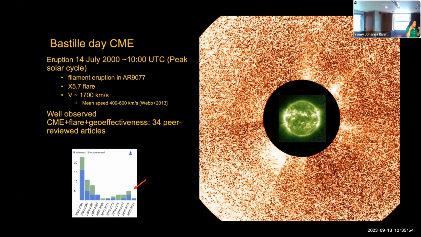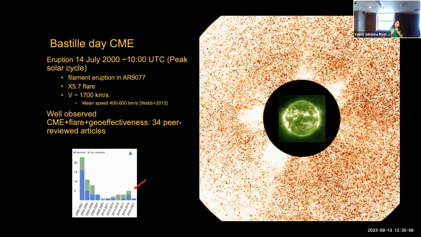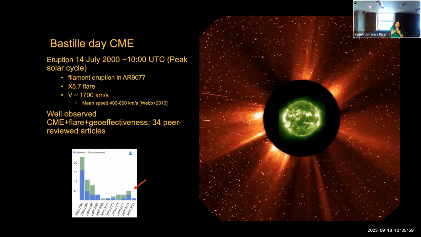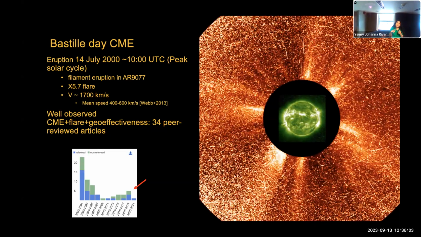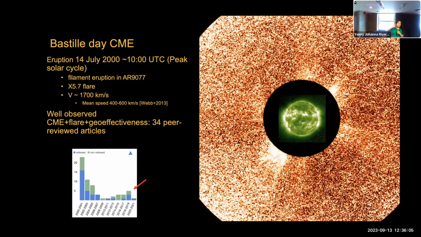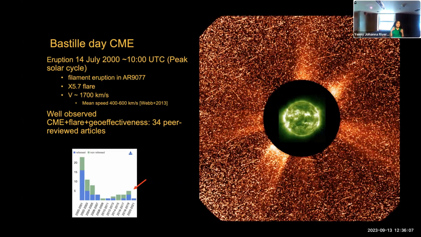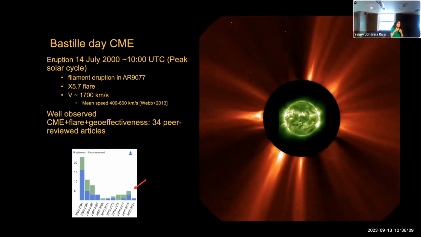One of the ways in which you can try to constrain those mechanisms a little bit better is by trying to reconstruct and examine properties of the eruption with individual events that are very well observed.